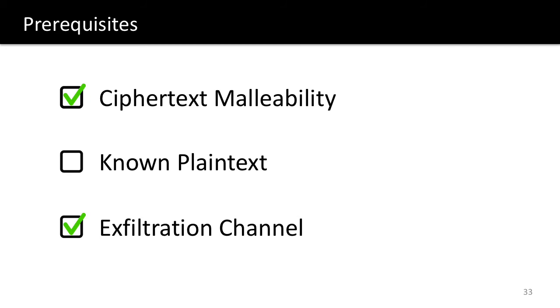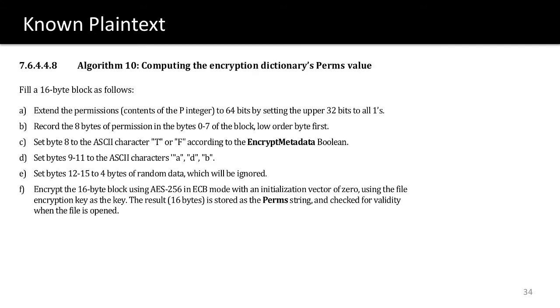As the PDF standard has been very helpful so far, maybe let's have another look at the PDF standard for encryption and see if we can find something. And we found PDF permissions to be very promising here.